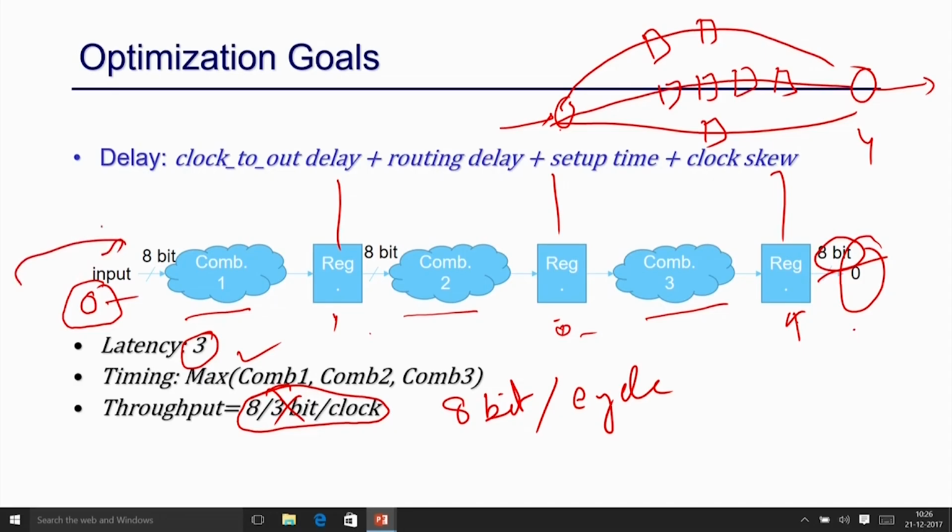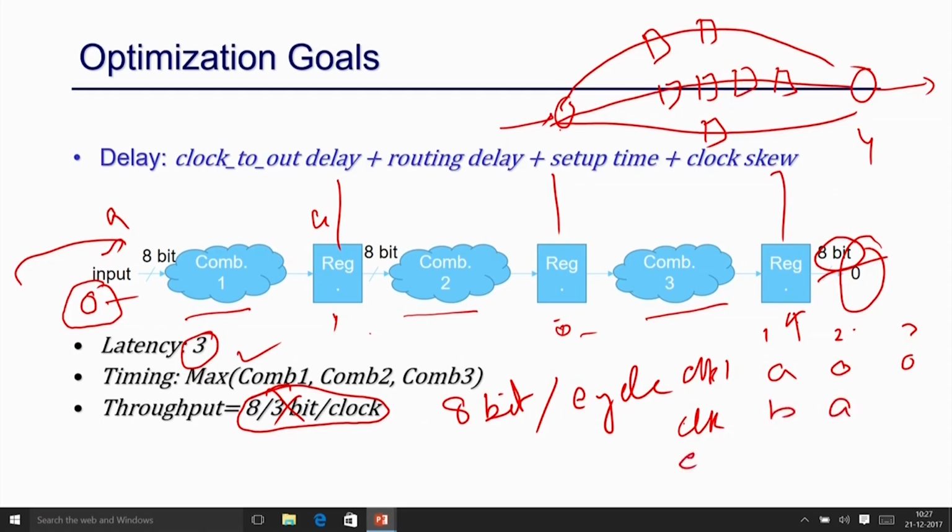Suppose you give A here, so the result of A will come after some clocks. In clock 1 you give A here. This is register 1, register 2, register 3, and in the registers these are all 0. In clock 2, A will come here and the next input B will come.